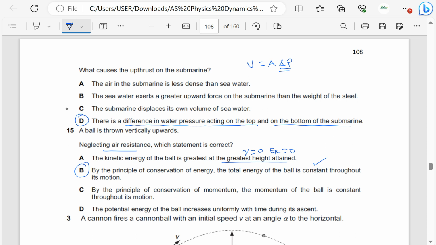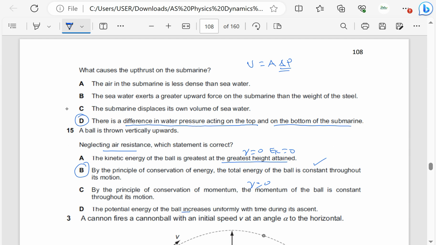By the principle of conservation of momentum, the momentum of the ball is constant throughout its motion. Momentum of the ball itself will not be constant, because at the highest point, remember v is 0, so the momentum will not be constant. The potential energy of the ball increases uniformly with the time during its ascent.